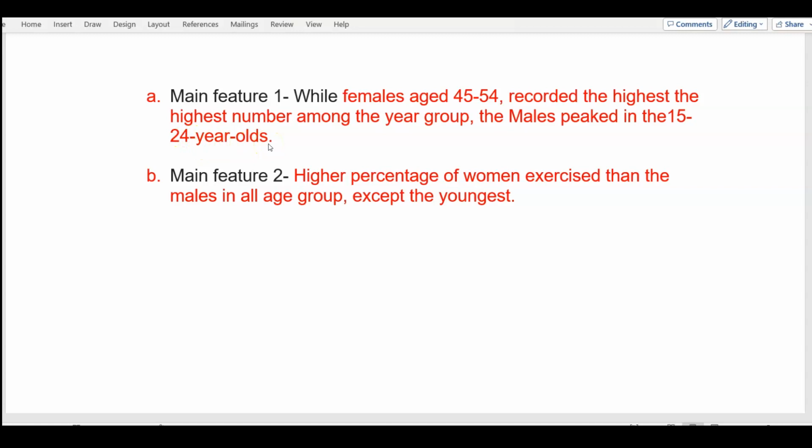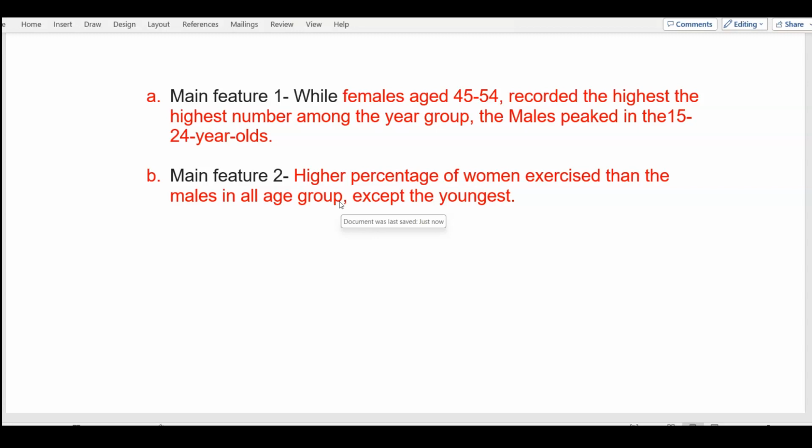The 15 to 24-year-olds were the only males that were more than the females. So the males had their highest in 15 to 24-year-olds, and the females had their highest in 45 to 54-year-olds.